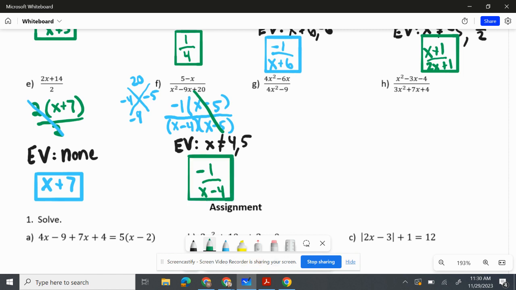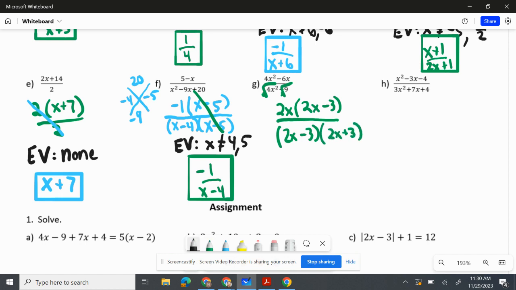Now, letter G. For the first one, I see that they have a 2x in common, and that leaves me with a 2x minus 3. In the denominator, I see it's a special factoring pattern, a difference of squares. So that would be 2x minus 3 and 2x plus 3.